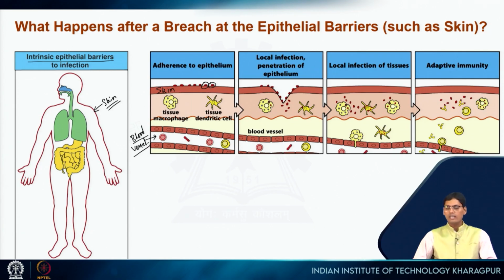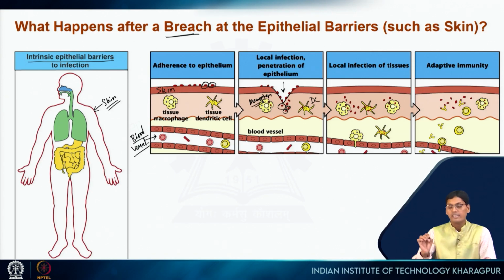Now, local infection might happen because of some breach at the epithelial barrier. So this is local infection. As you can see, those bacteria are now entering inside the tissue. As I just mentioned about alarmins, I'm not going into those details, but what is happening here is this is DC and this is macrophage.